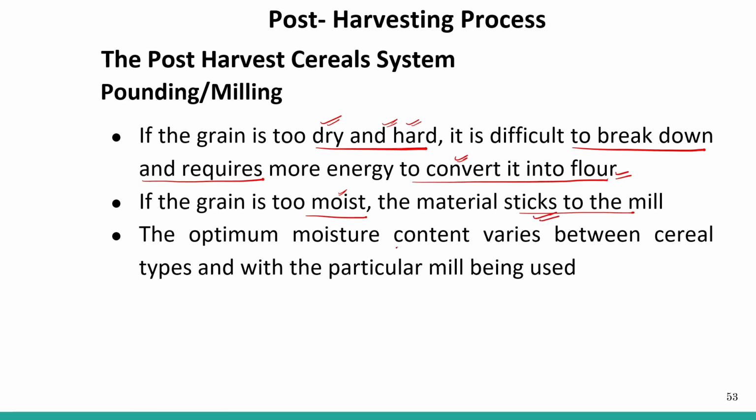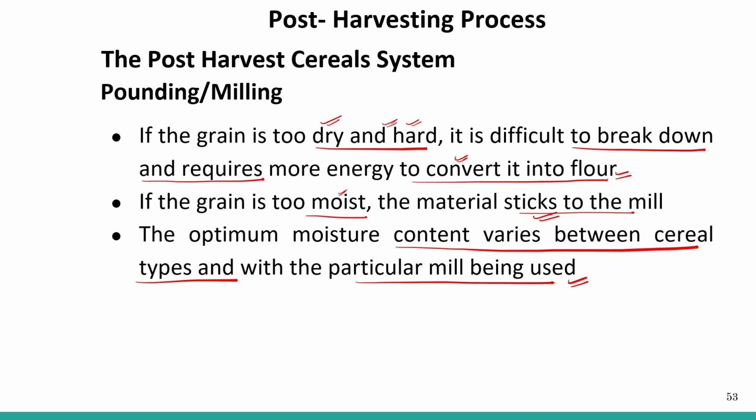The optimum moisture content varies between the cereal types and with the particular mill being used. So what type of mill we are using and what type of cereals we are using, according to that, the moisture content in the grains is maintained, right? So if some of the seeds are very soft, they should be very dry.